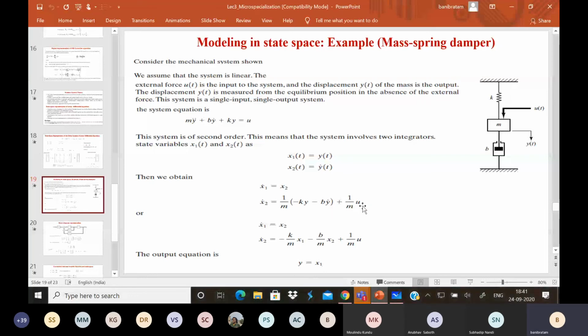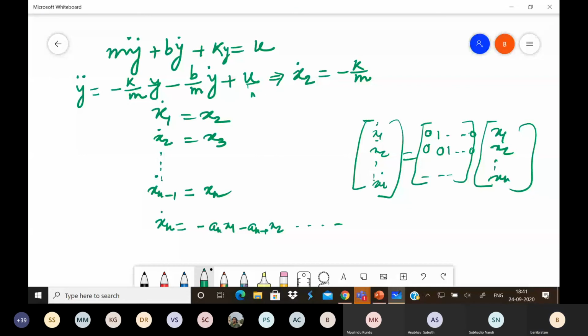I have assumed y equals x1 and y dot equals x2, right? So x2 dot equals minus k by m x1 minus b by m x2 plus u by m. That will be your equation 2, and x1 dot equals x2 will be your equation 1.